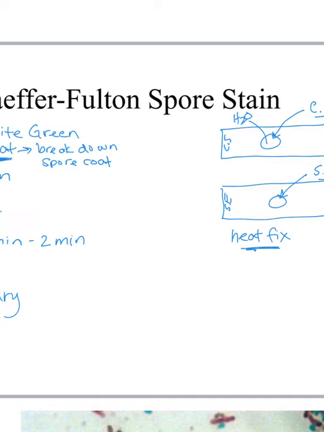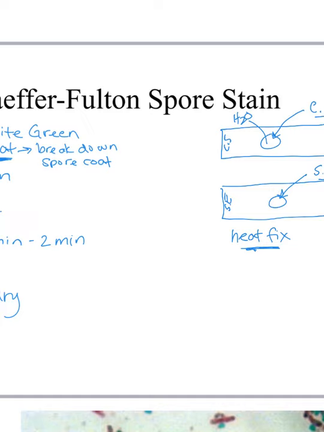Okay, if we think about what our spore formers should look like here, the vegetative cells, like I said, are going to take up the safranin, and they're going to be red, and the spores should look green from the malachite green. All right, what do you know about Staph epidermidis?